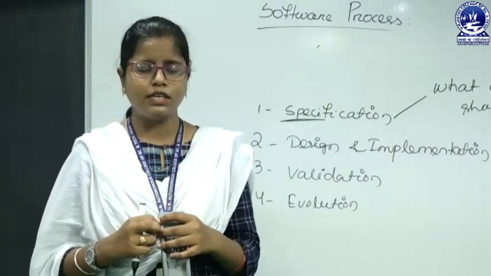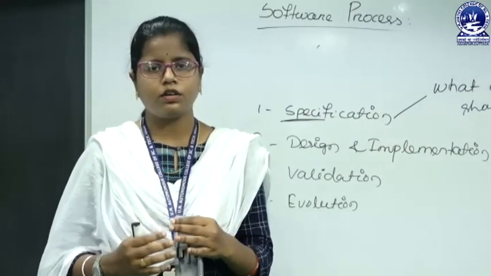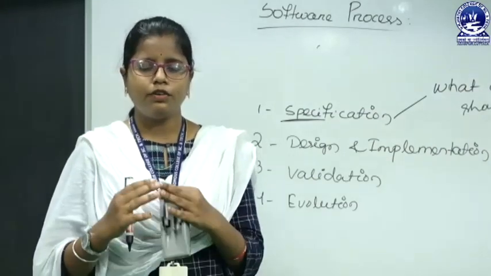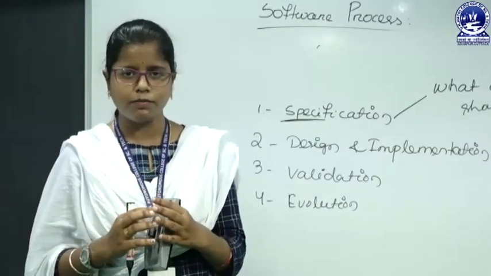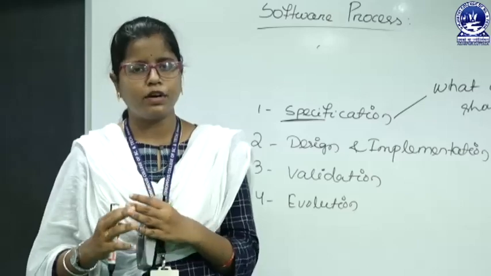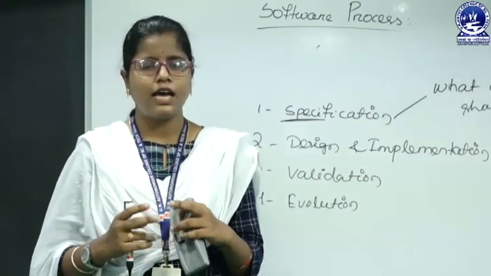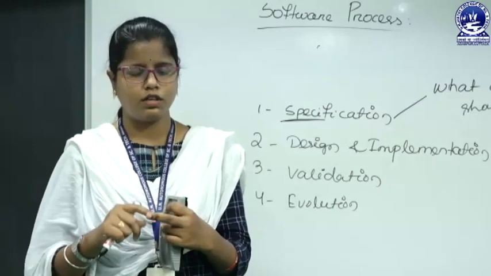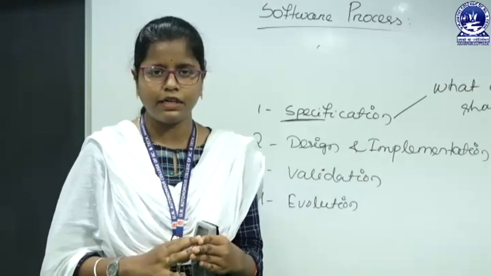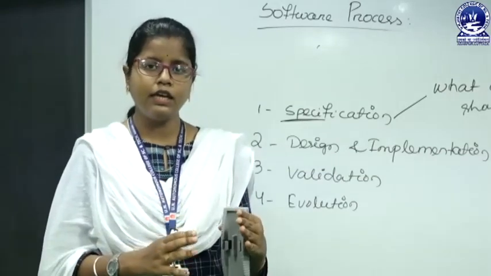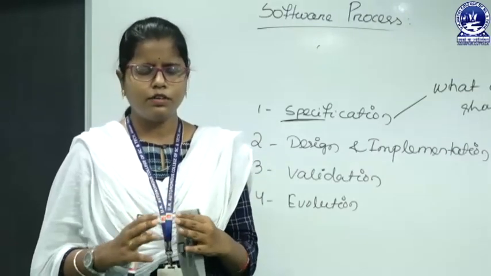If we are going to develop a college management software, then we have to ask our software developers to develop a software with different functionalities, like one function should give the student details, another function should give the result, another function should give the admit card, another function should give the semester report, whatever the function may be.